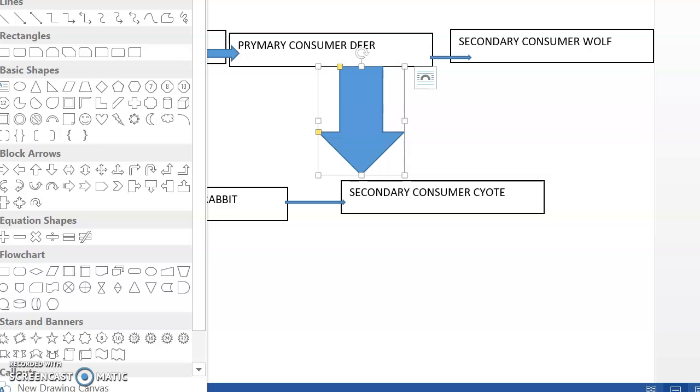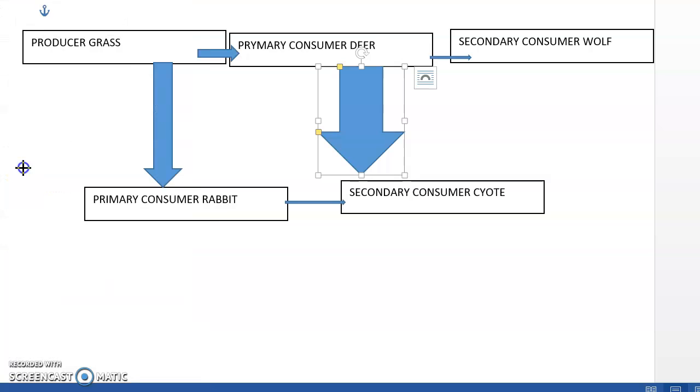I'm gonna grab another arrow. Sorry, guys. Your wolf over here would also eat your rabbit. Sorry, I grabbed the wrong arrow. Hang on.